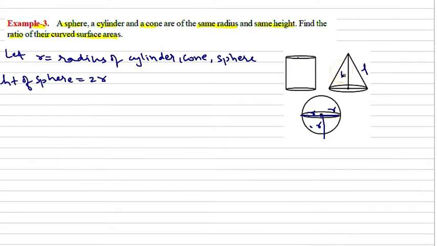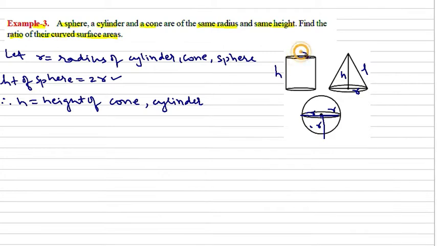We already know height is h and the radius is r. So h is the height of a cone and cylinder, but here we are taking the height of the sphere as 2 times the radius.